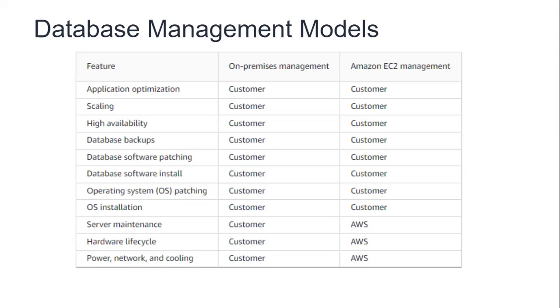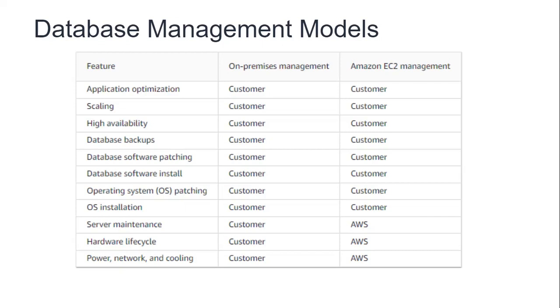Outside that, all the things you do on-prem, you do on EC2 also, like installing an operating system, updating it, installing your database software, updating it, doing backups, making sure the database is highly available, scaling it, optimizing your application, all that. You still do it if you run your database on EC2.